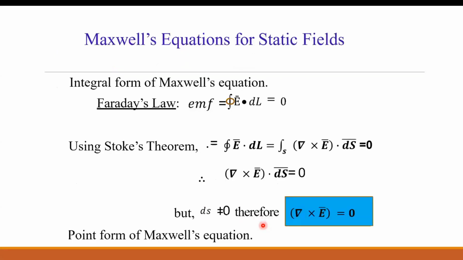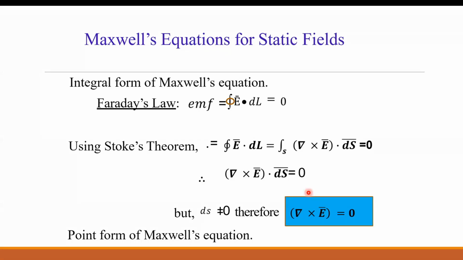So EMF for steady quantities is 0; EMF is only generated for time varying quantities. So EMF, the closed integration of E dl, is equal to 0, and this is the integral form, and its point form is del cross E is equal to 0. This is the first Maxwell's equation for static field, derived from Faraday's law.